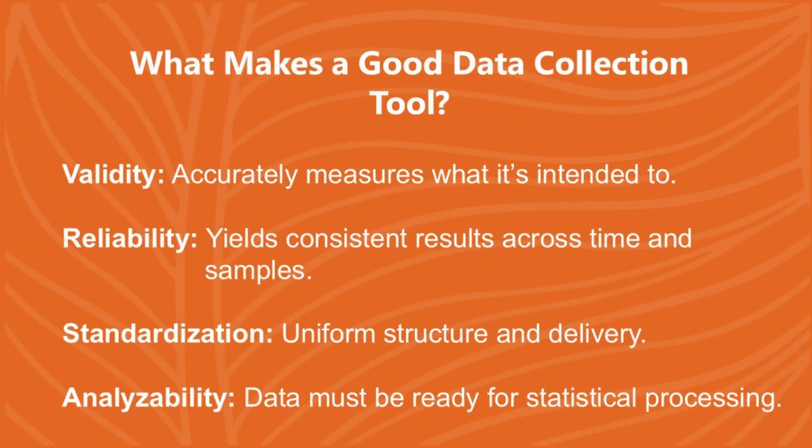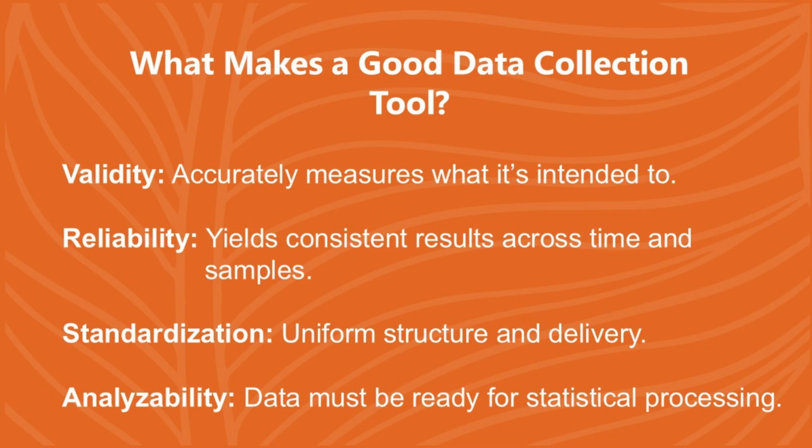Now, let's talk about what makes a good data collection tool. Before we look at the tools themselves, it is important to understand what makes a tool good. There are four things that make a data collection tool good: validity, reliability, standardization, and analyzability.